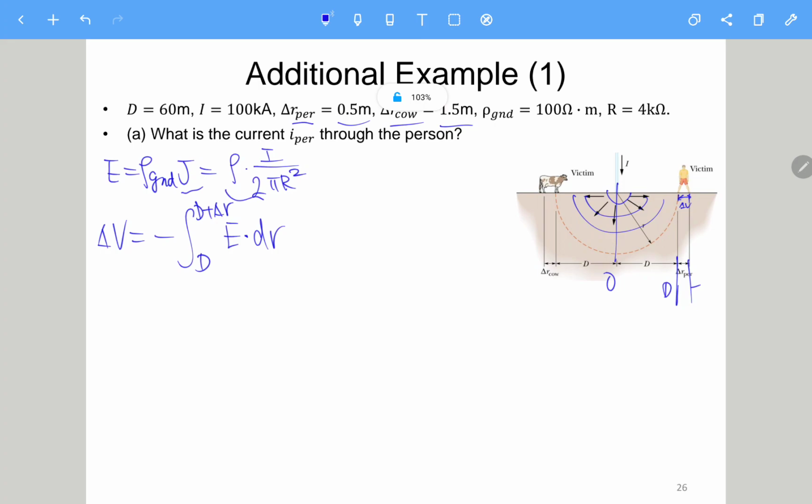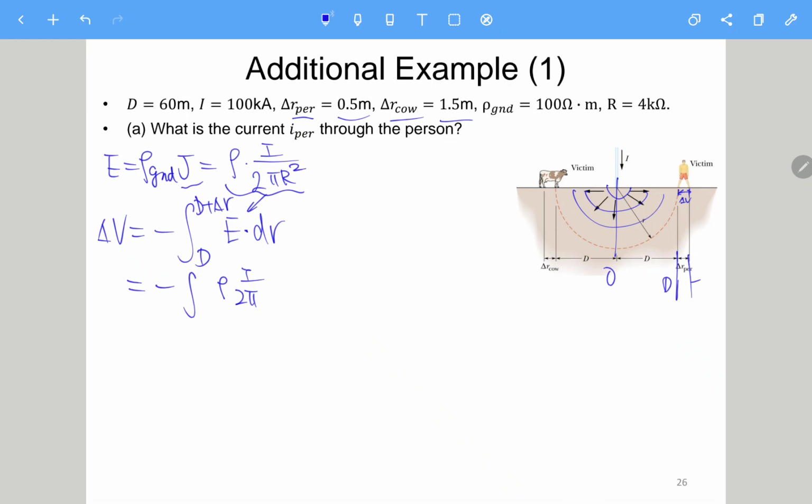Then we can plug this term in. So we have the negative integration of rho ground I over 2 pi, sorry, it should be small r, small r squared, dr.